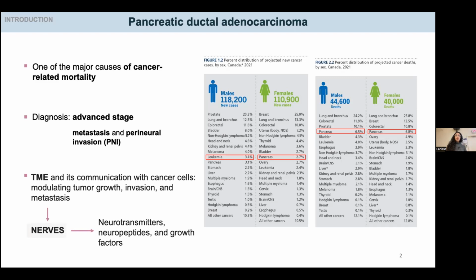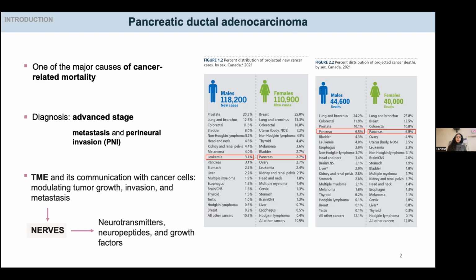However, it is important to also remember that a tumor is more than just cancer cells. The tumor microenvironment includes various elements that influence how the tumor grows, invades, and also affects surrounding tissues. In this context, a key focus has been on the role of nerves within the microenvironment.